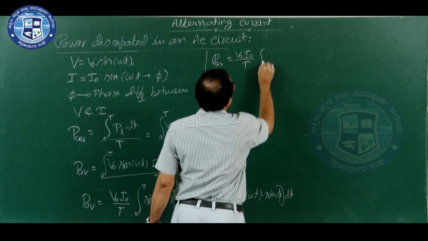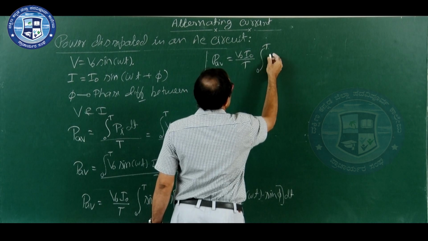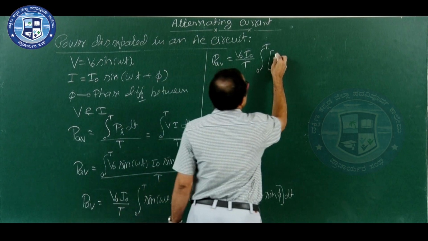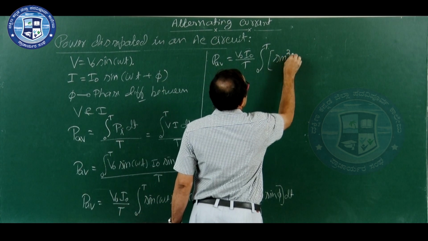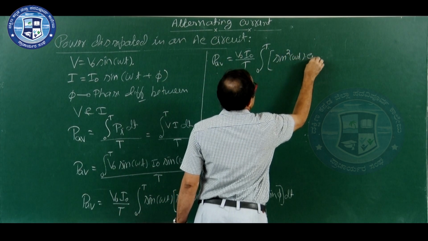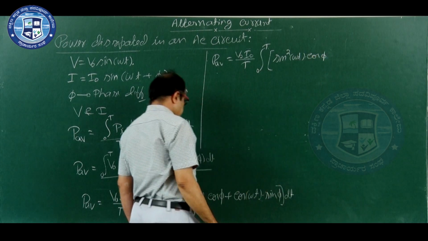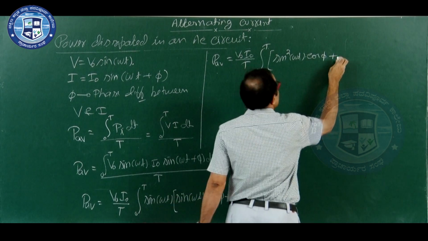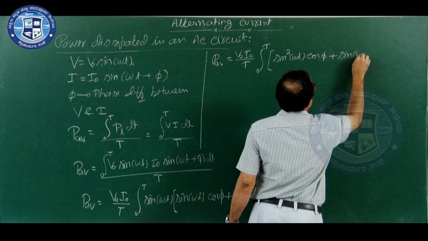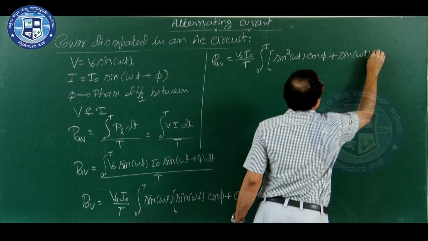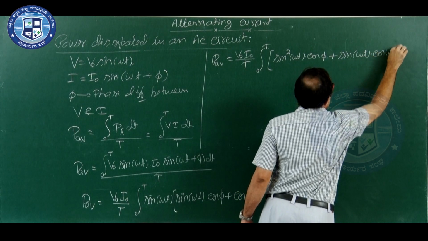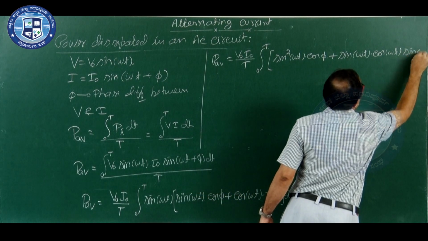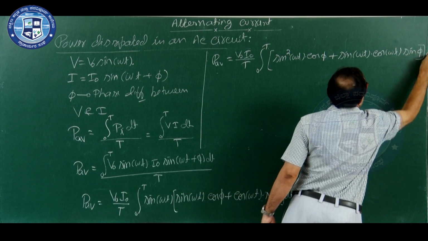So, it is integration 0 to T bracket sin square omega t cos phi plus sin omega t cos omega t into sin phi dt.